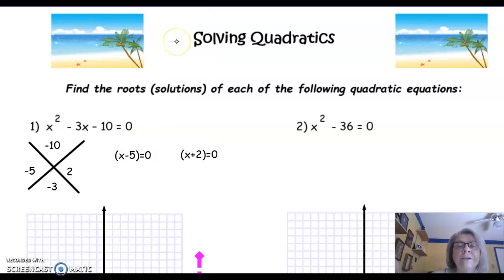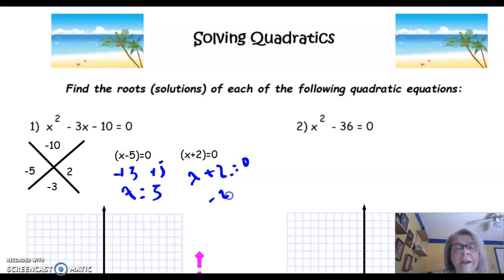I'm going to add 5 to both sides, and I'm going to get x equals 5, and then x plus 2 equals 0, so minus 2, x equals -2.